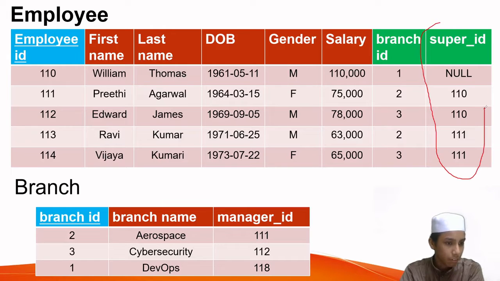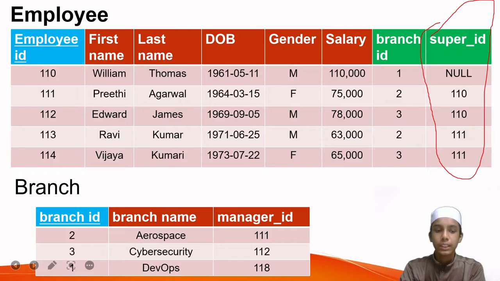Super stands for supervisor, so in short form I have written super. This supervisor ID is going to define who is the supervisor of a particular employee. So an employee can be a supervisor of another employee.